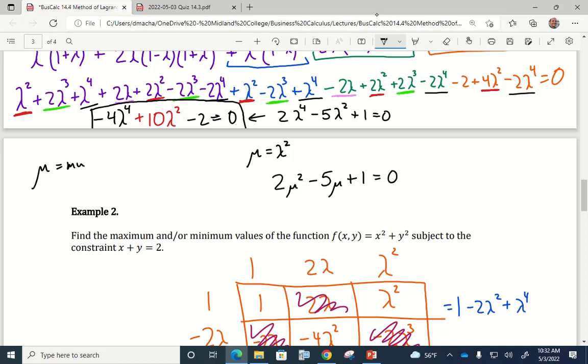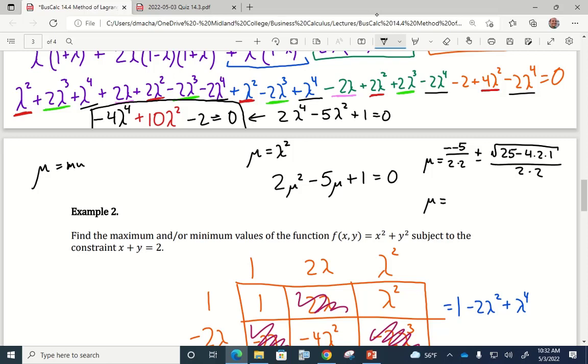My quadratic formula tells me that this is going to be, well, negative b, which is a negative 5, divided by 2 times a, which is 2 times 2, plus or minus the square root of b squared, so negative 5 squared, minus 4 times a times c, over 2 times a.